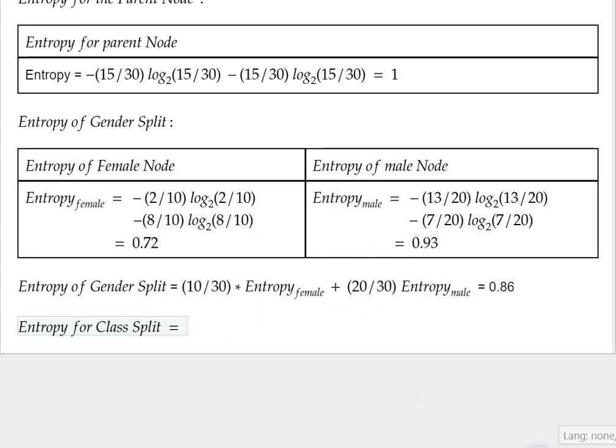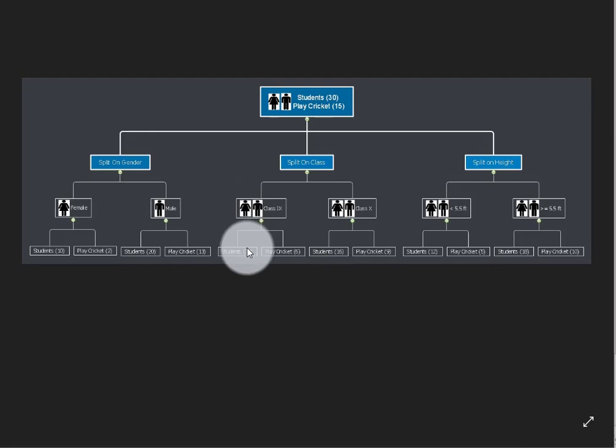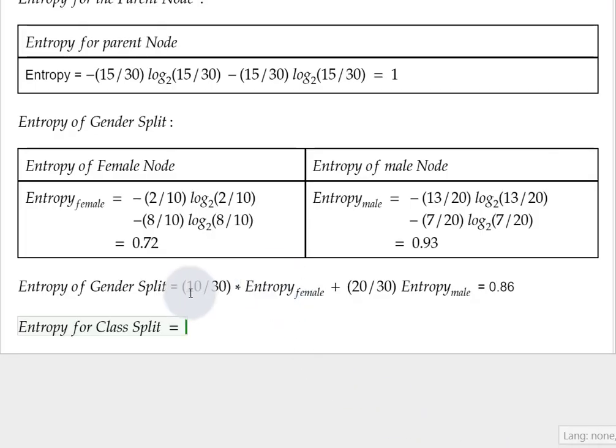First we will see how many students are there in the class, right? For class 9 we have total 14 students, and for class 10 we have total 16 students, right? So that means the weightage value will be 14 over 30. This is my weight, right?